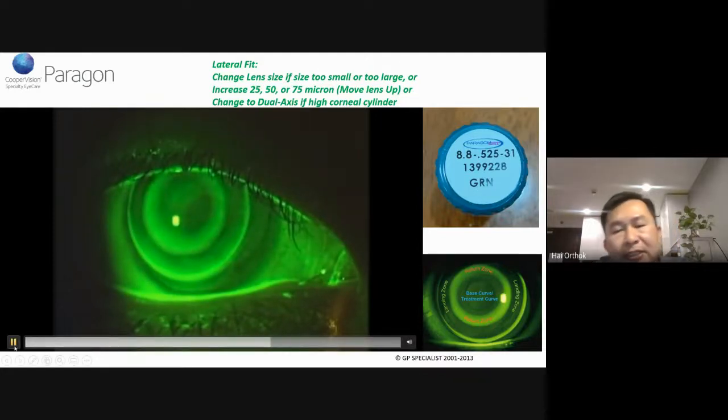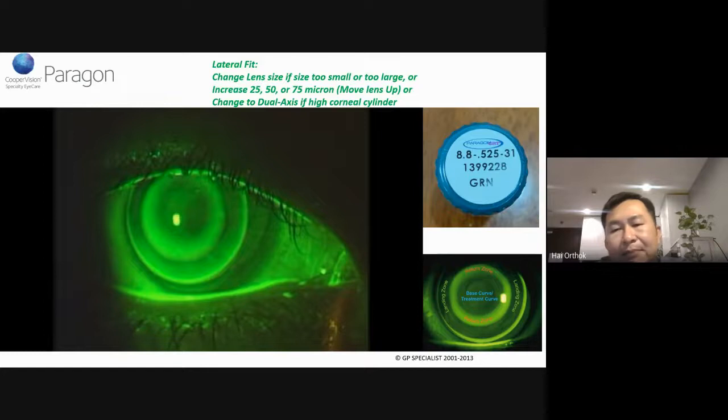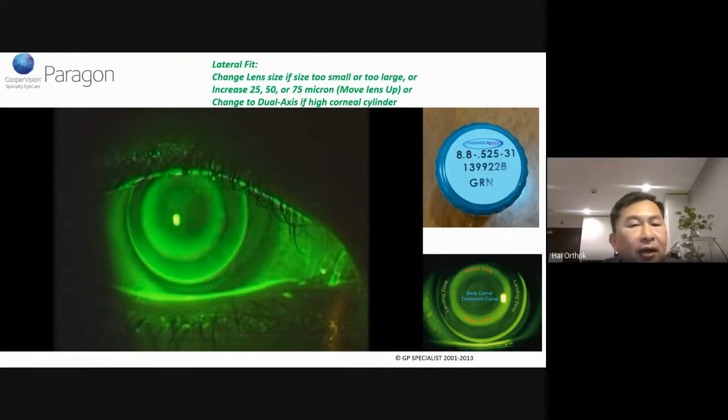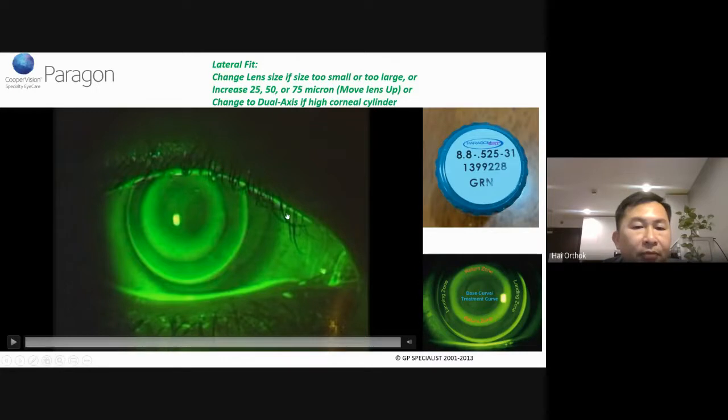So with Paragon CRT or IC lens, we make the lens bigger, and that's all. We have other methods to steepen the lens in order to make centration better, but it's not the critical point of the issue. The problem of this lens is more likely because of the size. So the main problem is the size, so we fix it first.